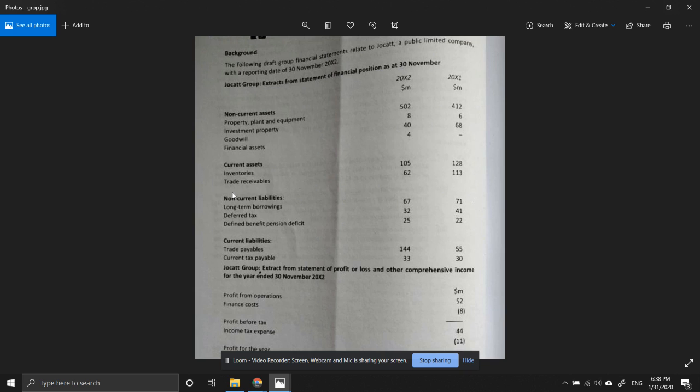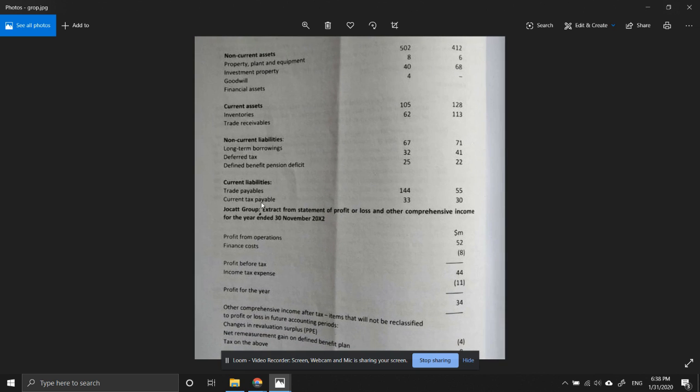This will be important when we are calculating working capital. So long-term borrowing has been changed. Financing activities, deferred tax, there has been change. So defined benefit pension, defined benefit pension deficit. Okay, pension deficit has increased.